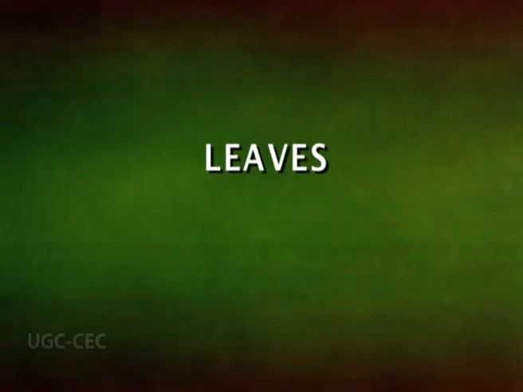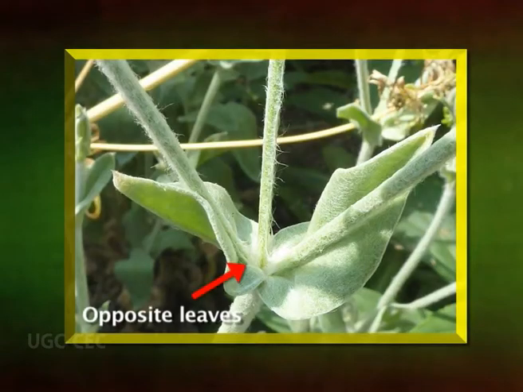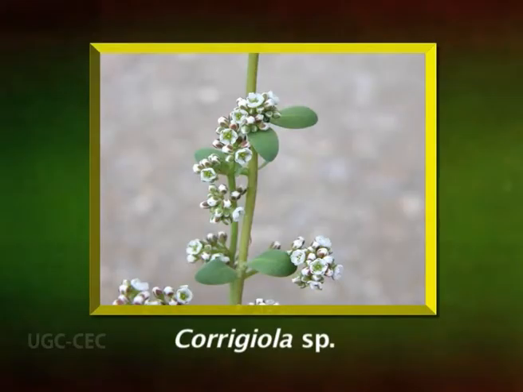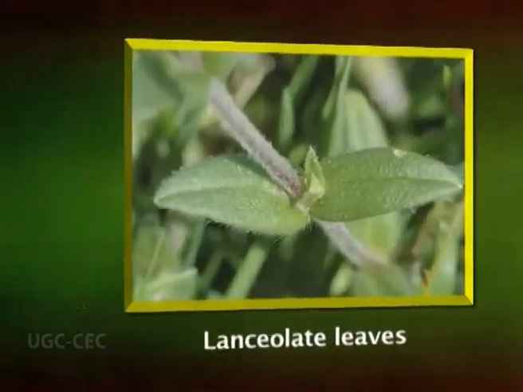In Caryophyllaceae, leaves are usually opposite and decussate, or they are rarely alternate, as we can see in Corrigiola. They are sessile, simple, entire and linear to lanceolate in shape, often connected at the base by a transverse line.